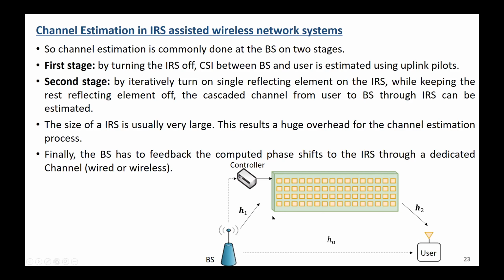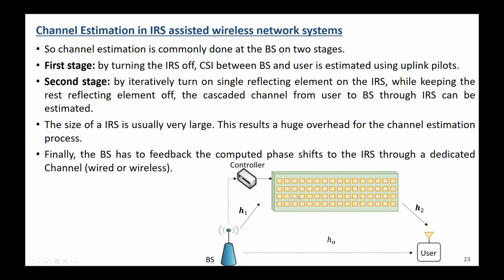Then I iteratively do the same step, turning on 1 element while the others are off, and estimating all of the products between H1 and H2. So imagine that if we use training-based channel estimation, we'll have a very long overhead that may make this surface not practical.